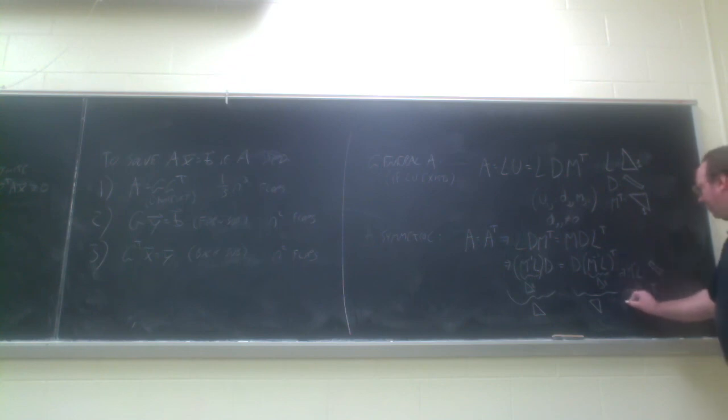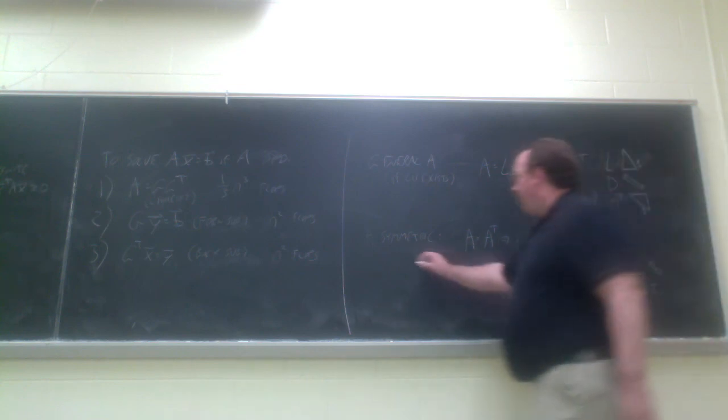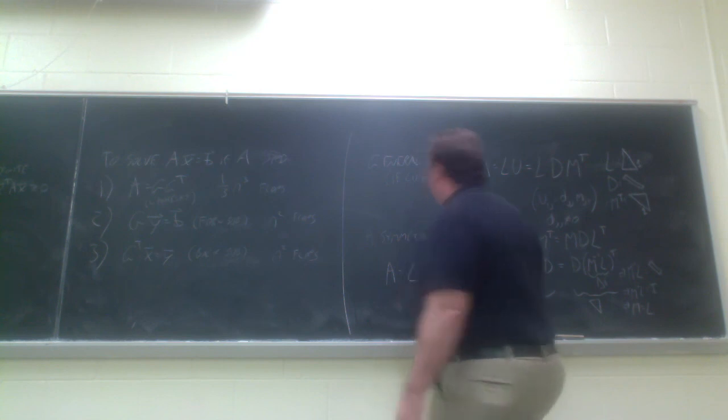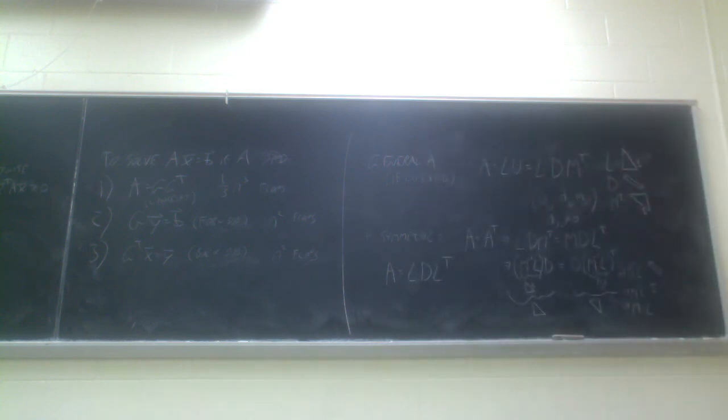So in other words, M equals L. So in this case, A has what's called an LDLT factorization, so it's LDL transpose. It makes sense that if A is symmetric, then it should have some sort of factorization that is symmetric.